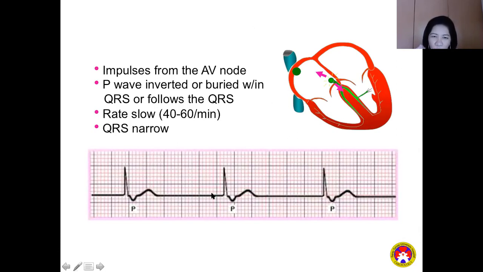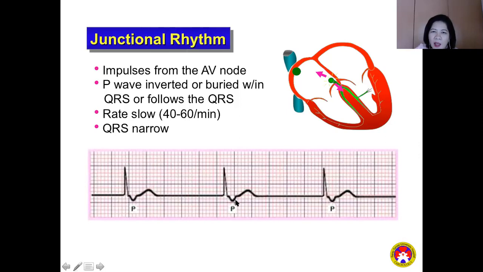But there is no P before the QRST complex, so we know this is not sinus in origin. But we see an inverted T following the QRS complex. So what happened here is the SA node did not fire, and the next pacemaker cell is the AV node.